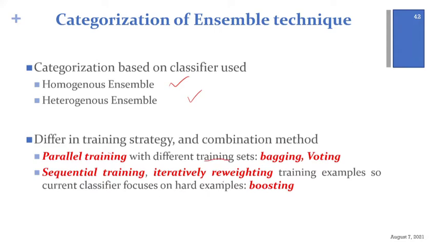Then we have the sequential training, where you iteratively reweigh the training examples so that the current classifier focuses on hard examples, like boosting. So we develop in such a way that, for example, when we build model 1, we notice that there are so many mistakes for a particular data point, D1.